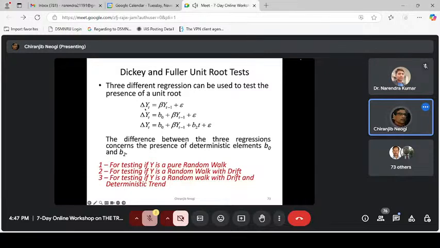The difference between the three regressions concerns the deterministic elements beta 0 and beta 2.